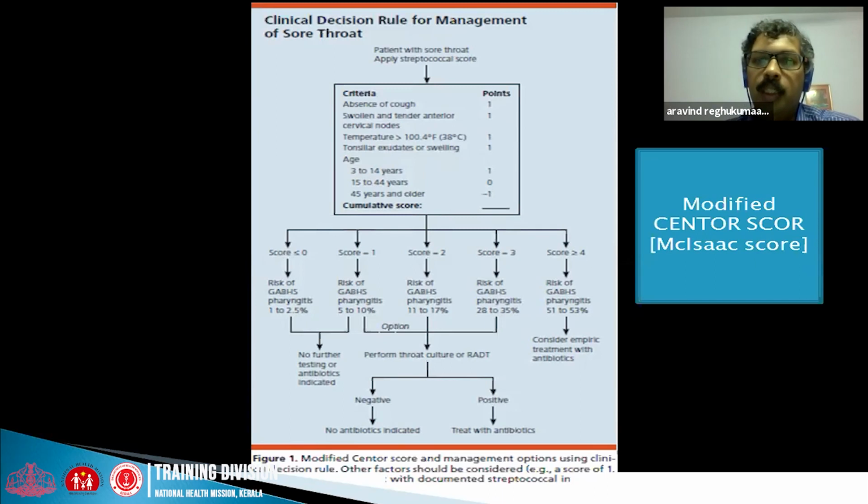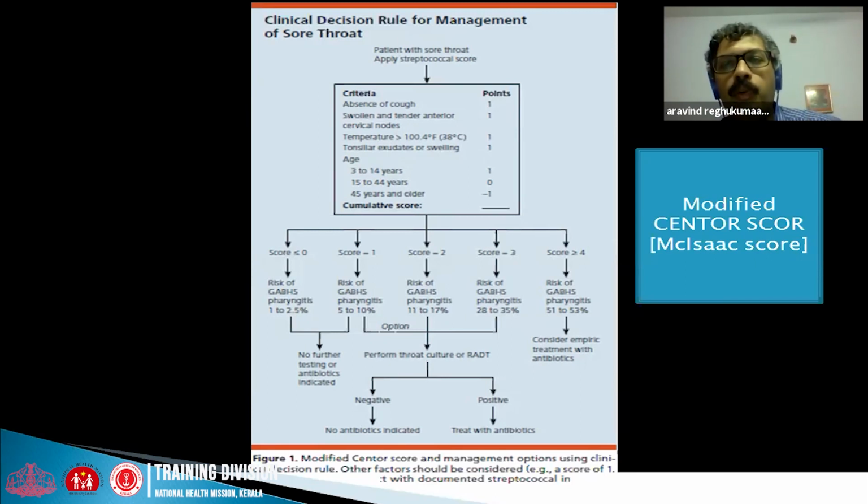So this is the situation. Suppose in your OPD you don't have access to antigen testing or culture, then you calculate this score, and if the score is 3 or more, then you are justified in starting an antibiotic. So in any case of pharyngitis, please do apply this score.